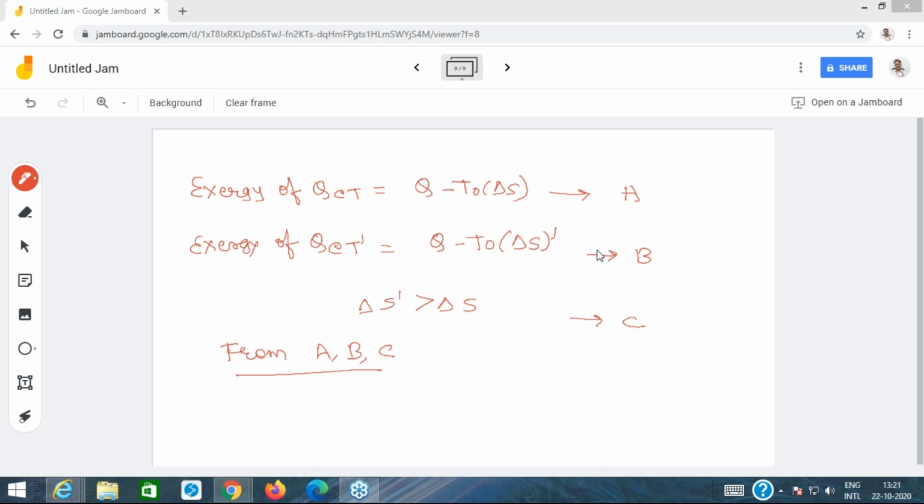T dash is not greater than T, Gargi. T dash is less than T. Anybody, any answers? What do you conclude from this? Sharvari has written it correctly. Exergy at T, yes, correct. Neha, it is correct.